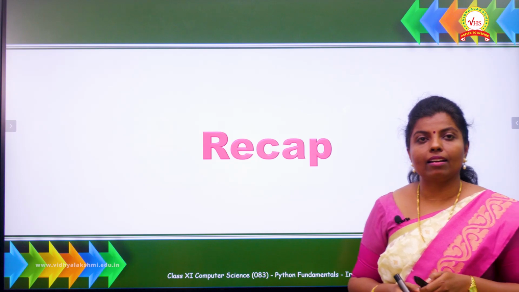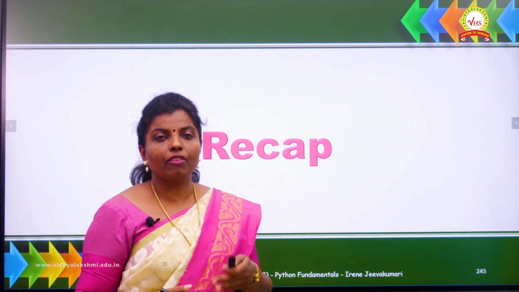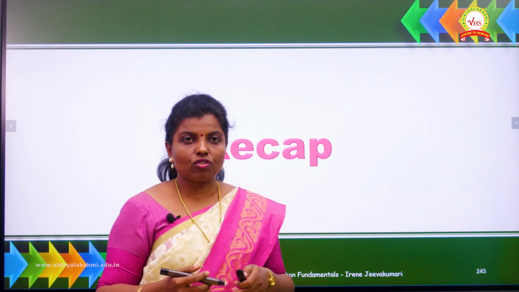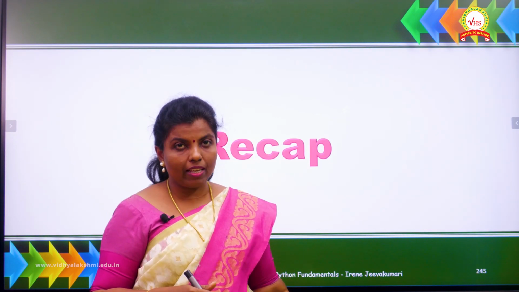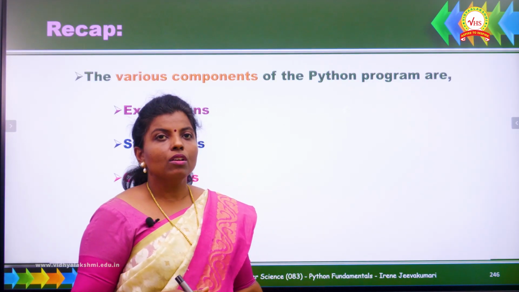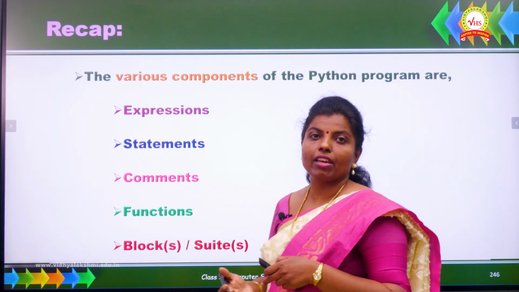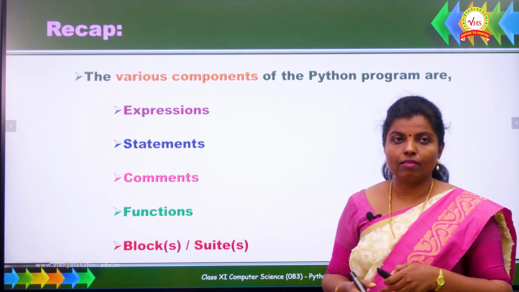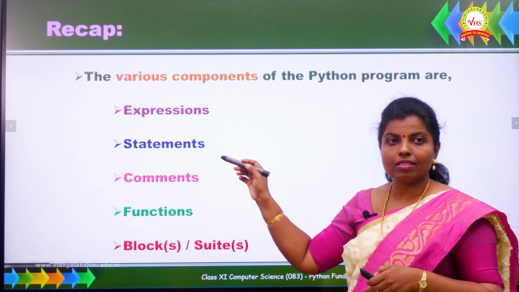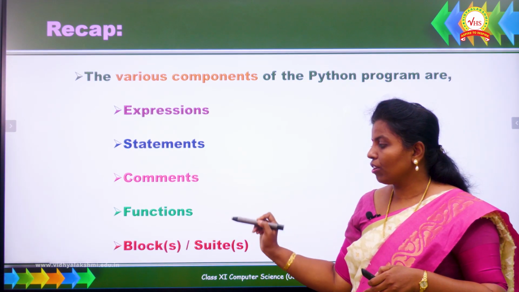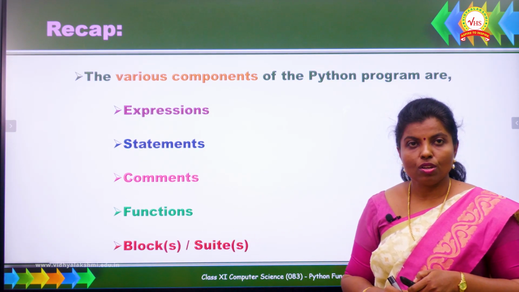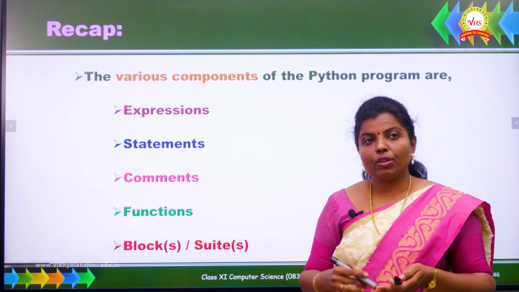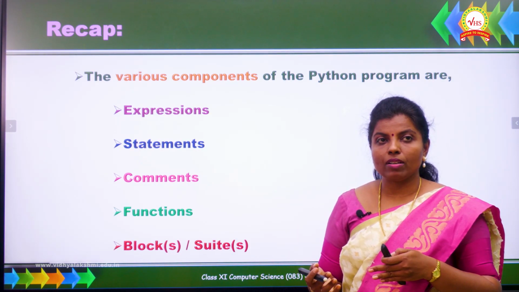So we have come to the end of this session. Let us recapitulate. In this video, we have learned about the structure of a Python program and also the various components of a Python program. They are expressions, statements, comments, functions, block or suite.